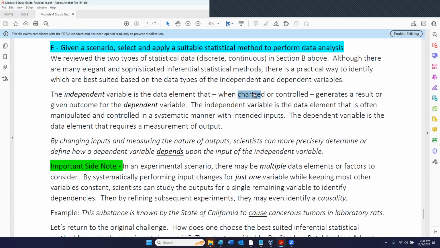That would mean that heat is the independent variable, because I'm controlling or changing the inputs associated with the data element we call heat. And we could measure heat in calories, or we could measure heat in British thermal units. Has anyone ever heard of BTUs before?